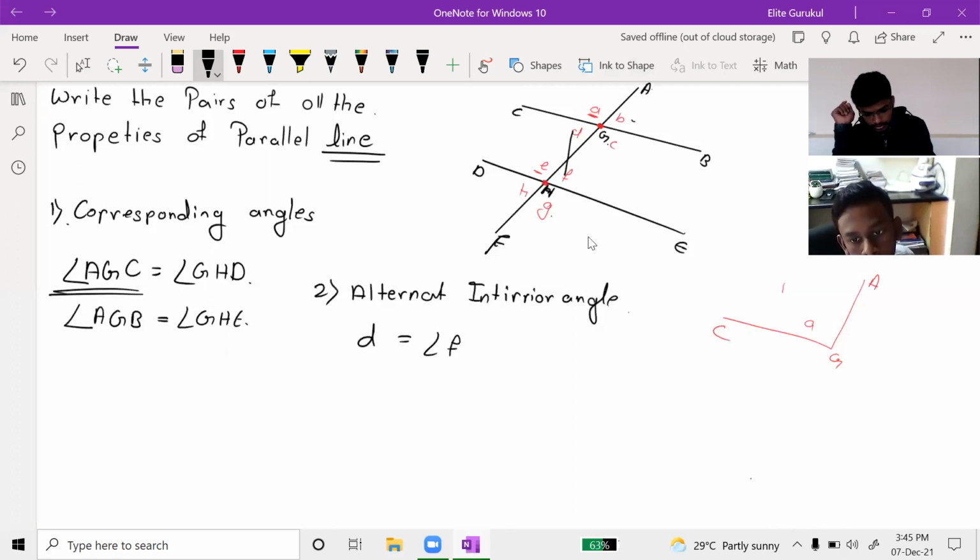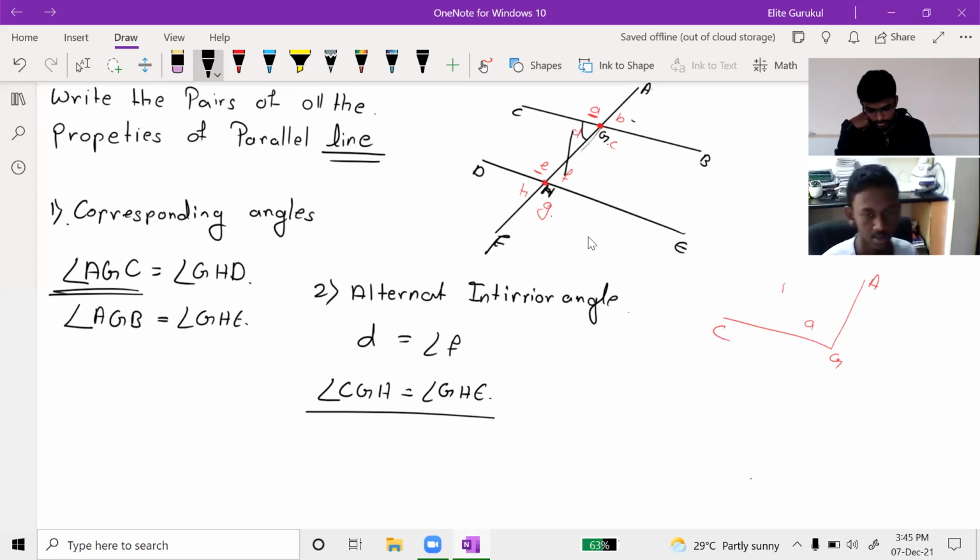Angle CGH. And angle F. Angle F, HG and E. Wrong. Angle is like this. G, H and E.